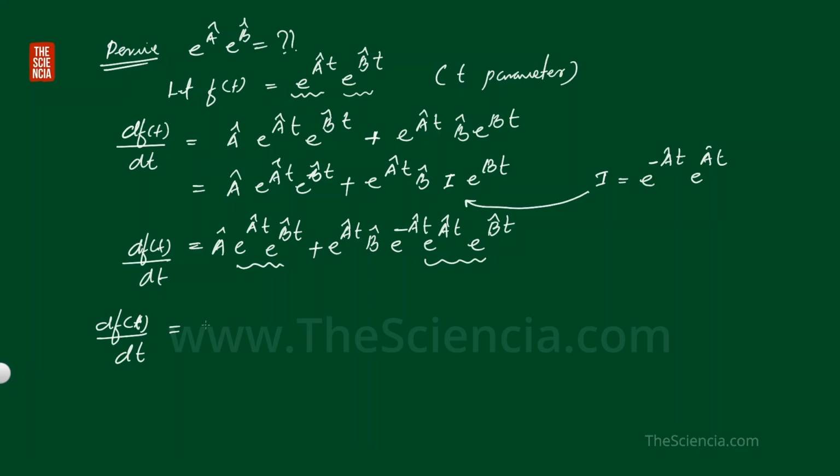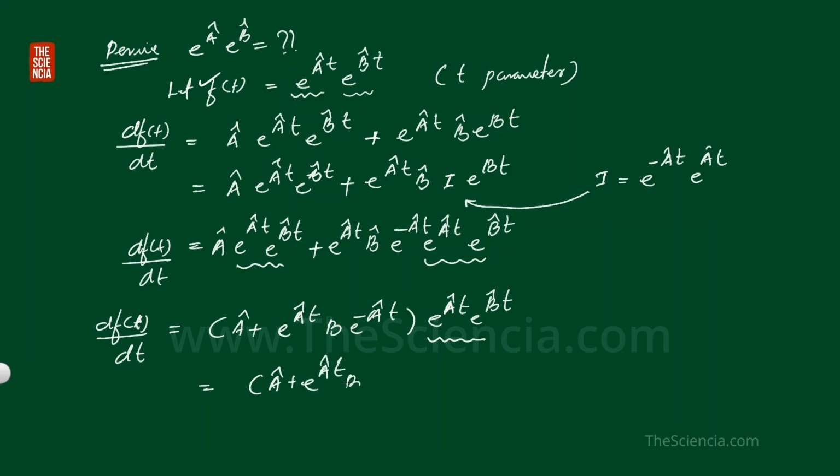So I will get A plus e^(At) B e^(-At), times e^(At) e^(Bt), where this term is nothing but our f(t). That is, this is equal to A plus e^(At) B e^(-At), times f(t). Here we have to evaluate this term. That is the next step. What is the value of this term?